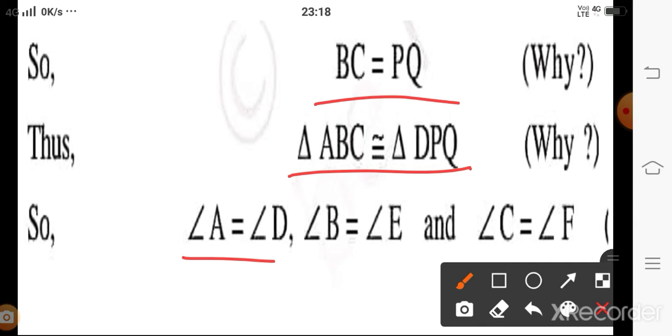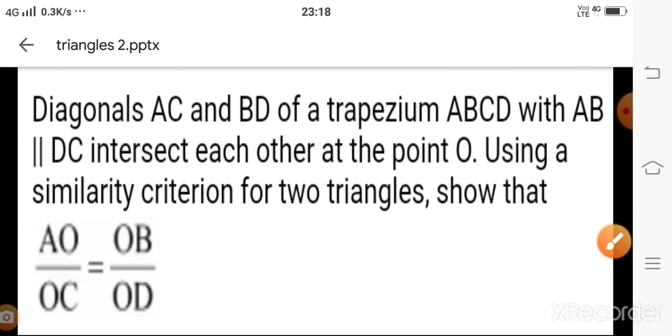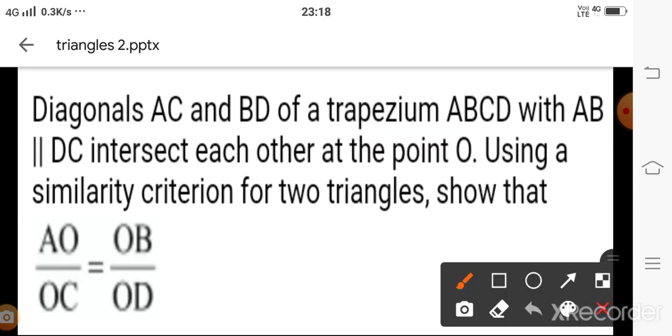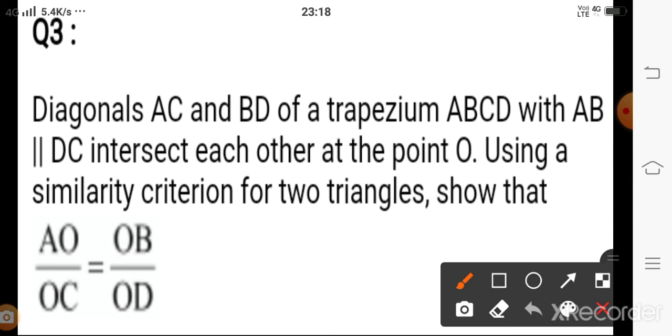Then we can write angle A equal to angle D, angle B equal to angle E, angle C equal to angle F. And if the corresponding angles are equal, then the sides are proportional, and the two triangles are similar. On the basis of these concepts, we get the similarity criteria as SSS criteria and AA criteria.